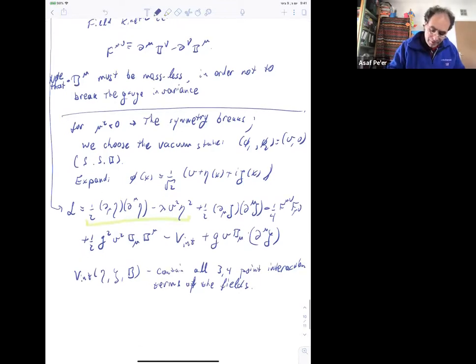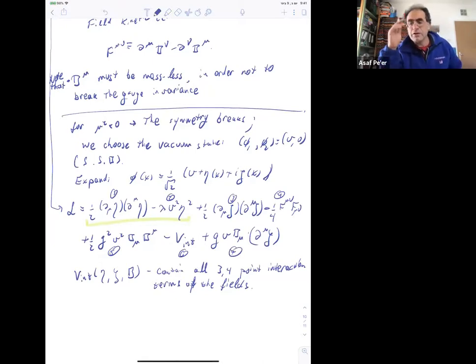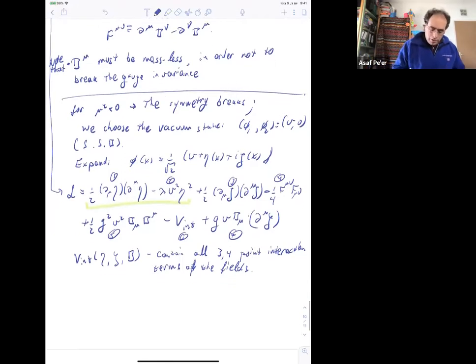So let's call them terms 1 and 2, 3, 4, 5, 6, 7. We have 7 terms in the Lagrangian here. There are many more because the interaction contains a lot of terms. So terms 1 plus 2, that's a massive scalar field, eta.